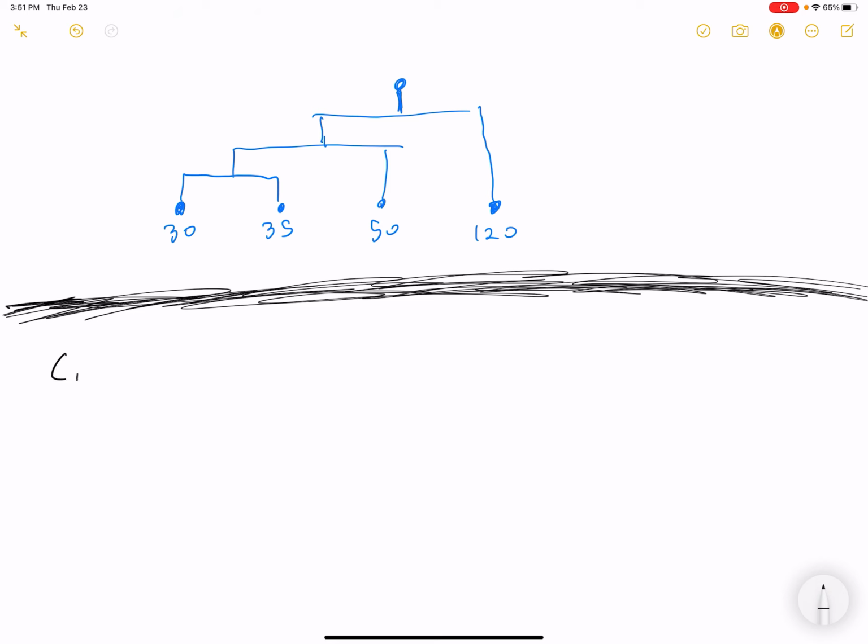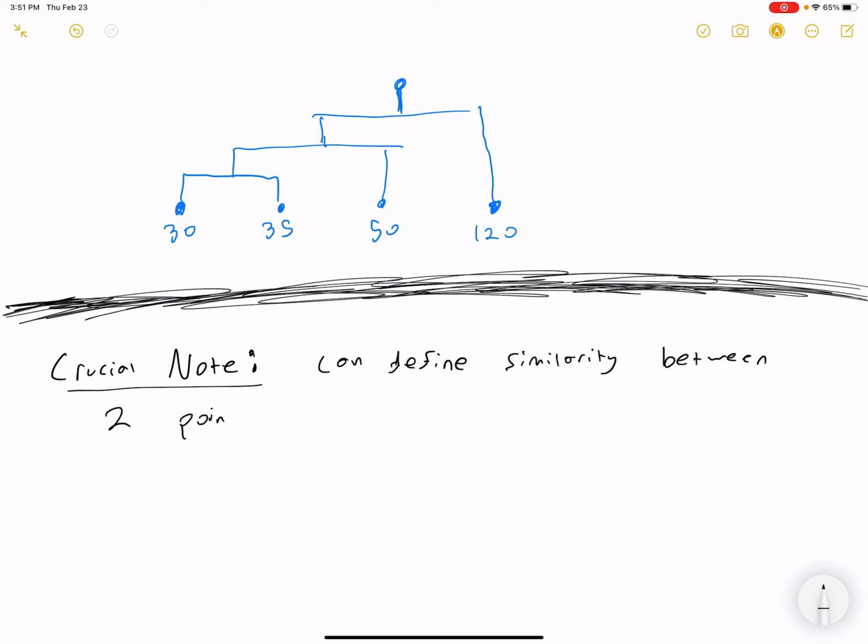So the crucial note that's going to spark a several class-long discussion is that we can define similarity between 2 points in many different ways. That's the start of things.